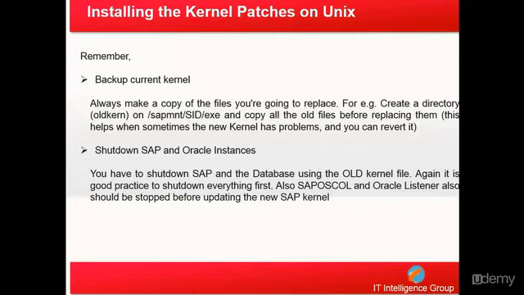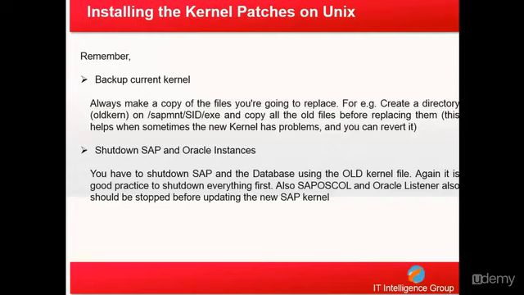The most important thing is to make sure that you are backing up the kernel folder. The kernel folder is at two locations: one is the /sapmnt/SID/exe folder, and the other is the kernel folder. These are the two locations that we need to make sure we back up.